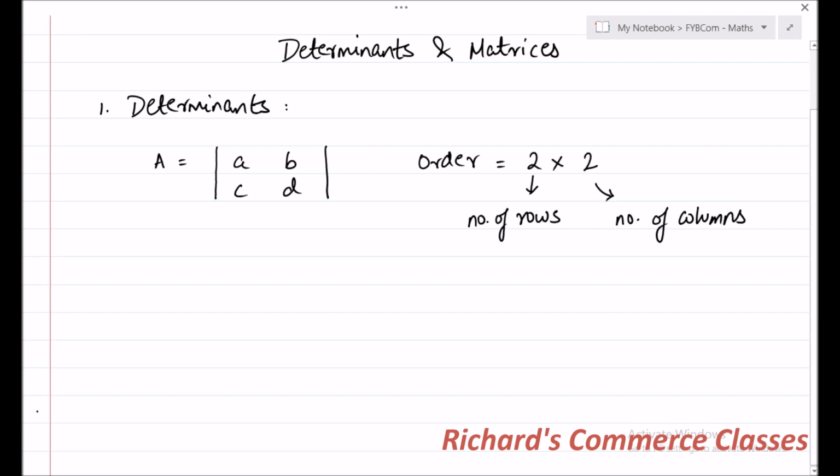Now if you see, a b is row 1 and c d is row 2. If I have to see columns, a and c are in column 1 and b and d are in column 2. So A is a determinant of the order 2 by 2. Number of rows into number of columns will give you the order of the determinant.